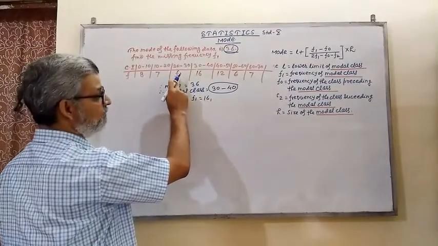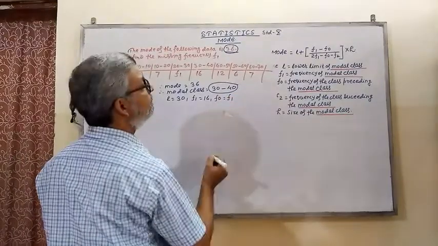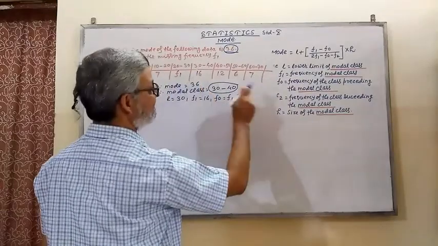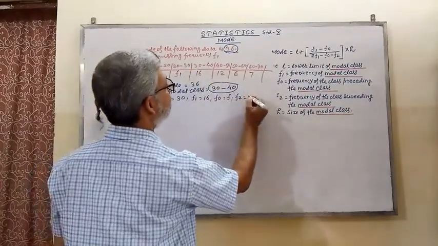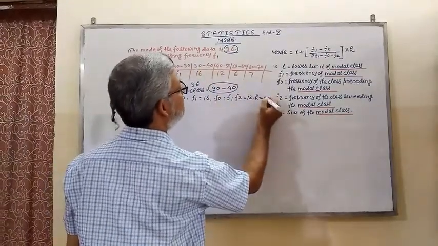Its frequency is the unknown F1, so the value of f0 is the unknown F1. f2 is the frequency of the class succeeding the modal class, that is 12. And h is the class size, 30 to 40, that is 10.